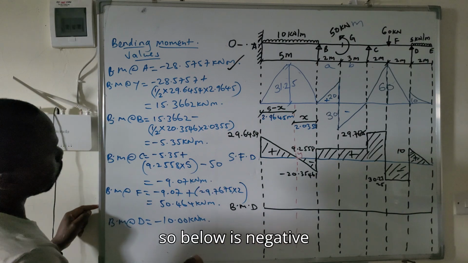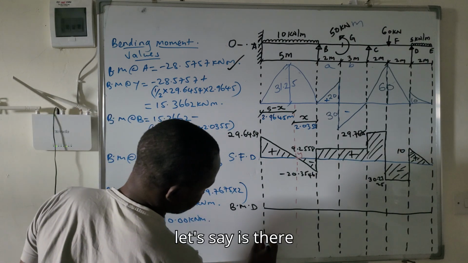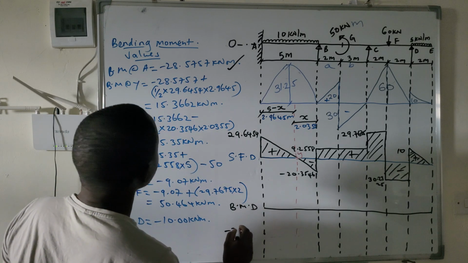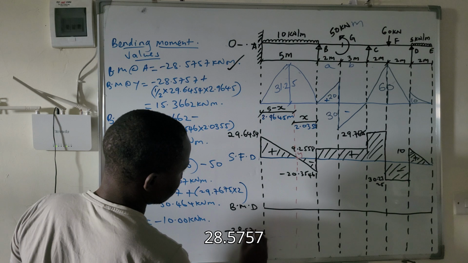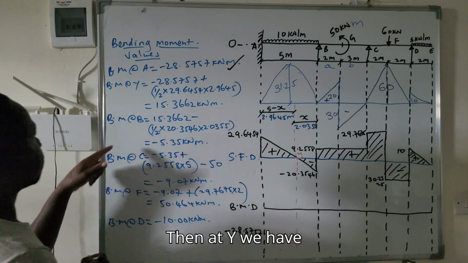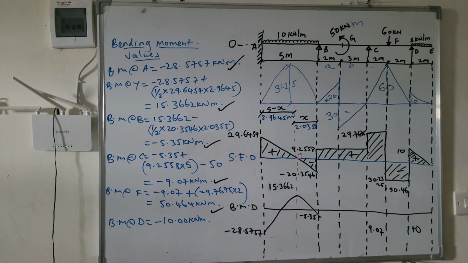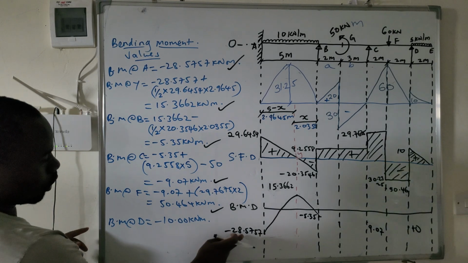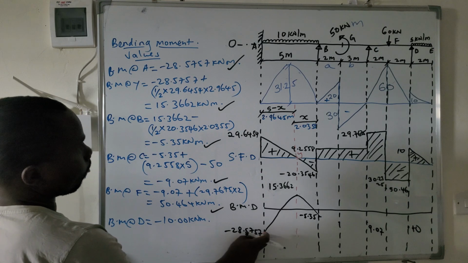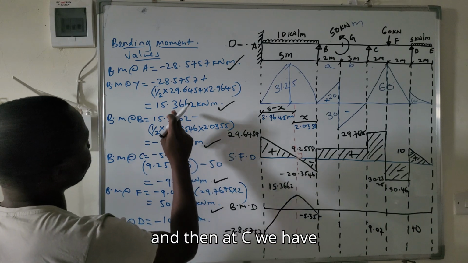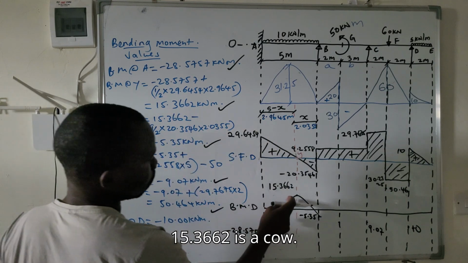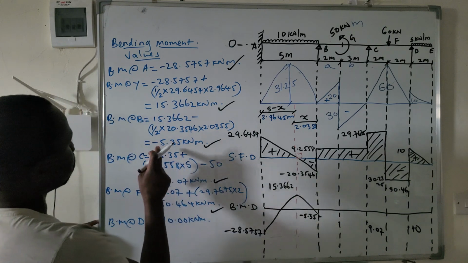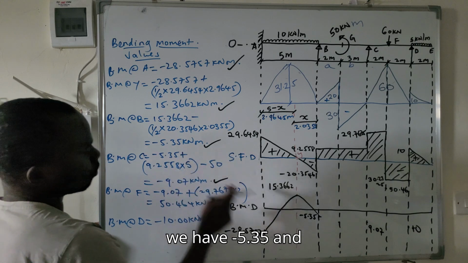Below is negative, let's say is there. Then at Y, we have 15.3662, which is a curve. And then at B, we have negative 5.35.